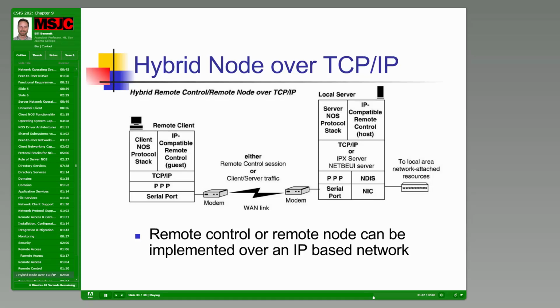You can also use the point-to-point tunneling protocol, PPTP. There's also another protocol developed by Cisco, which is L2TP. But PPP has been very popular and predominantly used for many years, and some of these others are being used now because they're more secure protocols than PPP.